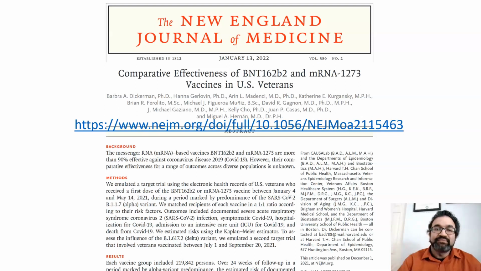So really comparing the effectiveness of the COVID vaccine, since while we were in the pandemic, it was really important not only to measure the effectiveness in the general population, but also to look at subgroup analysis and see how effective it is. The website provided here links you directly to the article that we're going to be looking at.